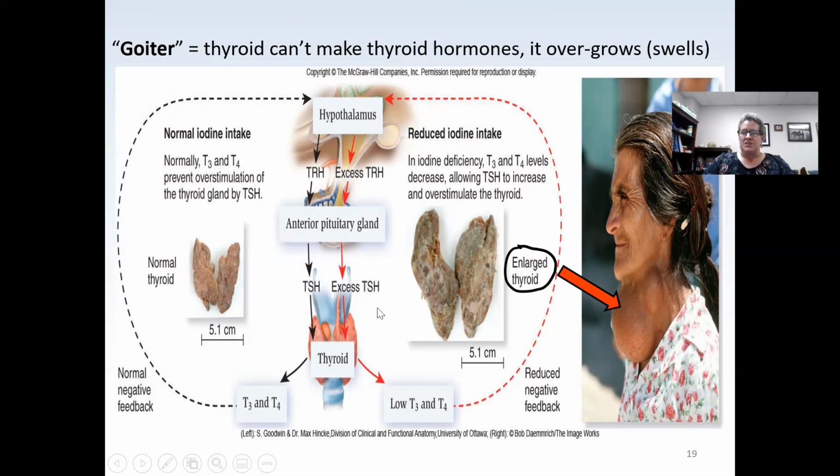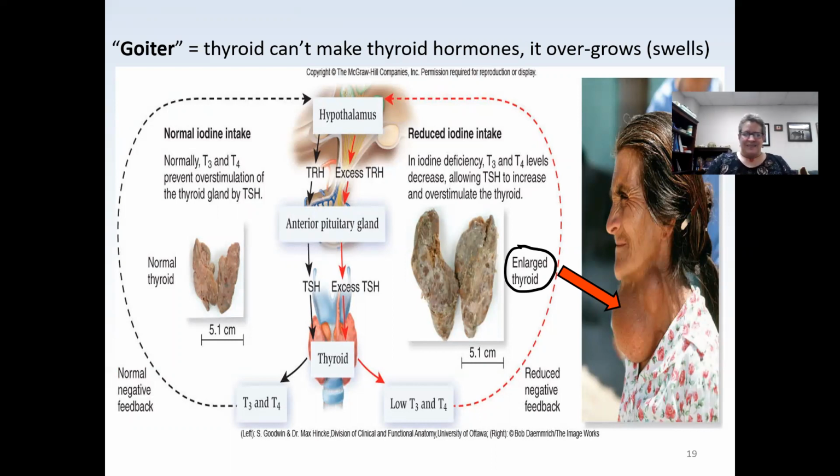That makes the pituitary secrete more TSH, which stimulates the thyroid gland more. And the thyroid gland says, hey, I just can't make enough of these thyroid hormones. I'm sorry, I can't help you. But because TSH is stimulating the thyroid gland, it grows, it thickens, it proliferates, but you're still not getting the thyroid hormones that you need. So basically, the stimulatory pathway just keeps going and you can get a goiter.